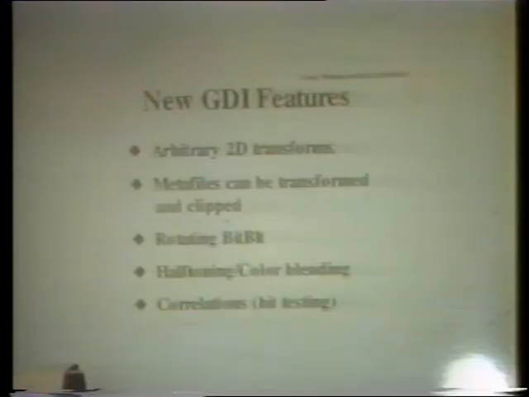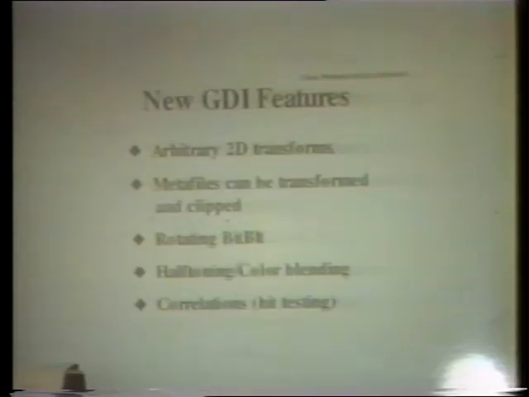We're going to allow arbitrary linear two-dimensional transforms. So you can do rotation, shearing, etc. This is going to be added as one extra layer of transform that precedes the old transforms. Its default is going to be the identity, so that old apps won't notice this change, but new apps can have fun with it.